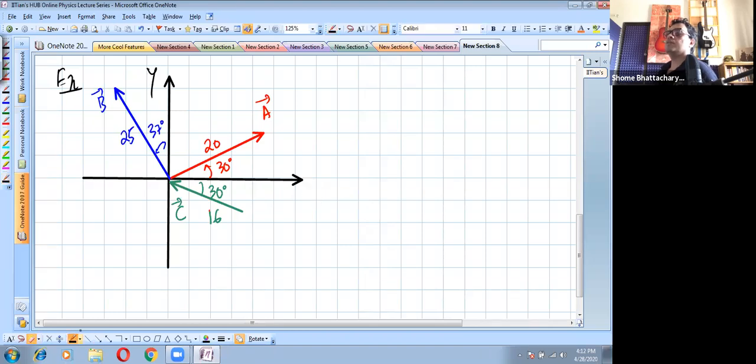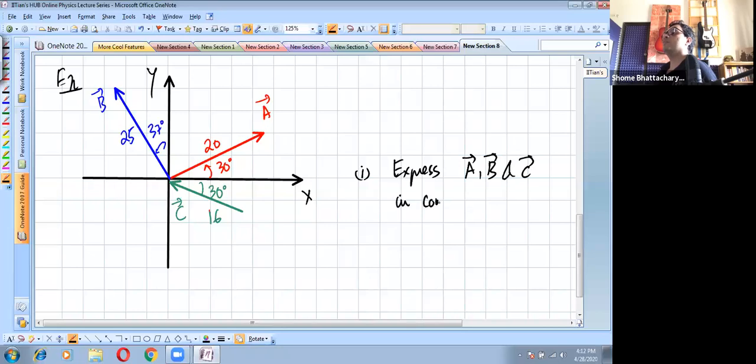So very quickly, just tell me, express vectors A, B, and C in what we call component notation, or you can also call this I cap j cap form.